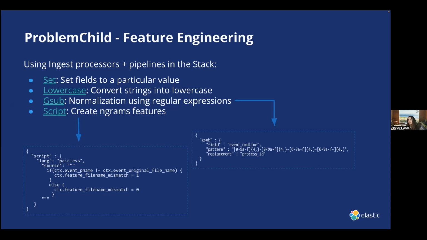So if there's things like hashes, then that's not useful information for a model. So we want to substitute that information, using regular expressions or something such, with a placeholder. And then finally, we also wrote some custom scripts to generate n-gram features for the model.